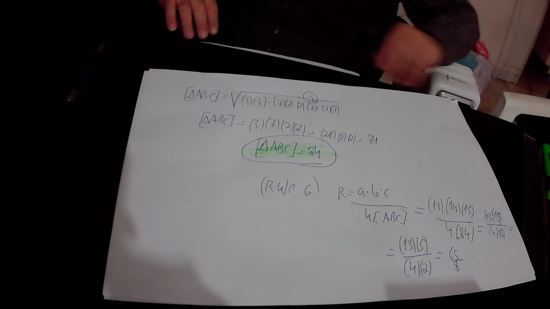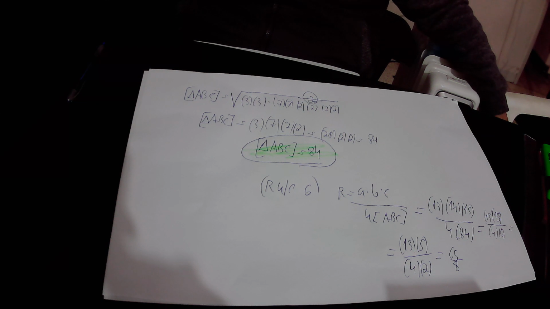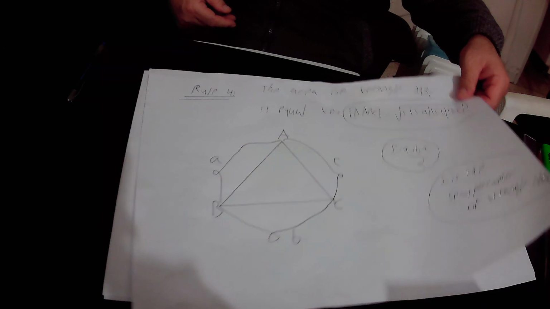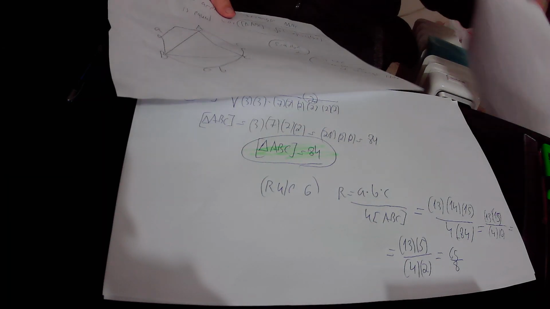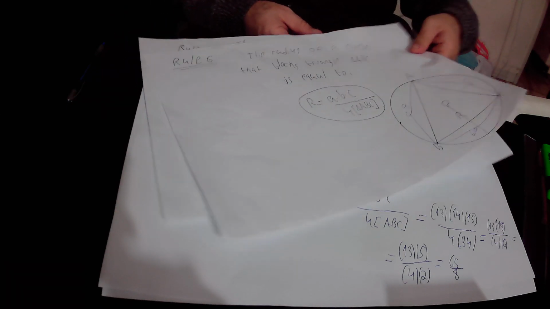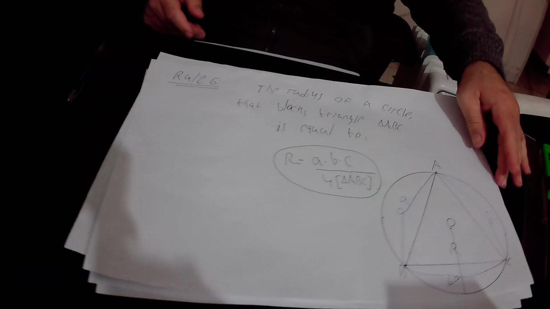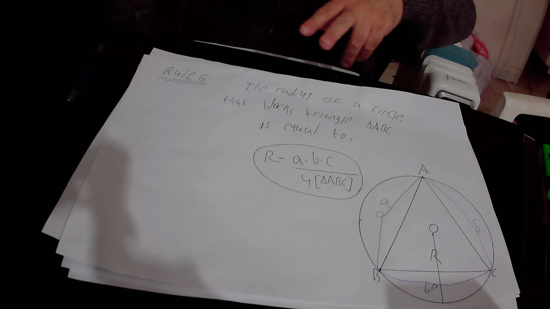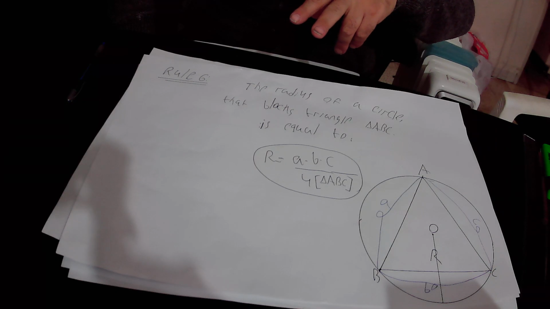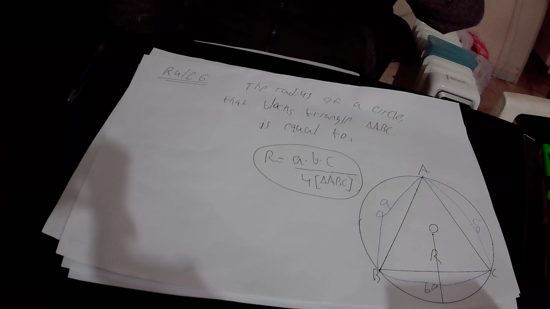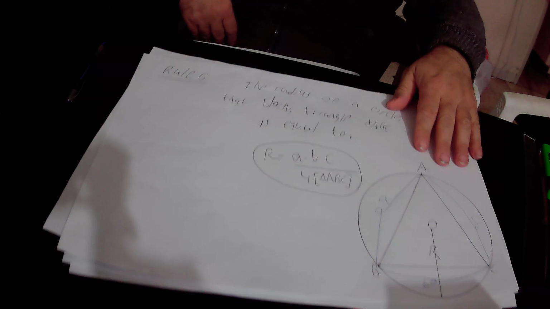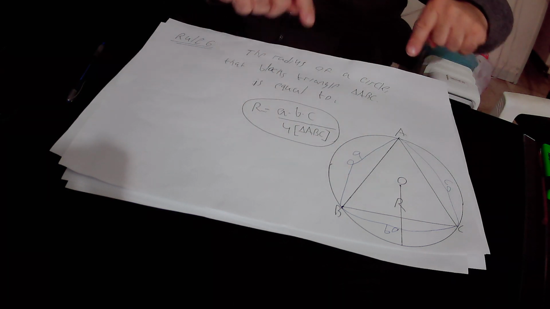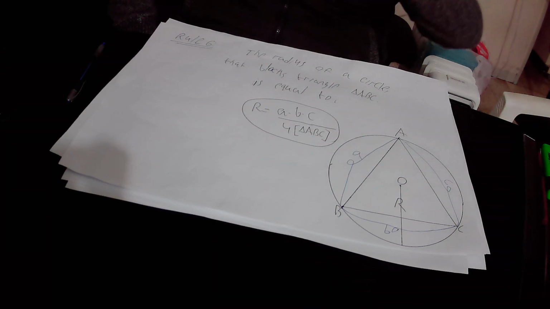Then I presented to you rule number 6 and implemented rule number 6 in our drawing. According to rule number 6, the radius of the circle that blocks triangle ABC is R. We know that the length of side AB is A, side BC equals B units in length, and side AC equals C units in length.